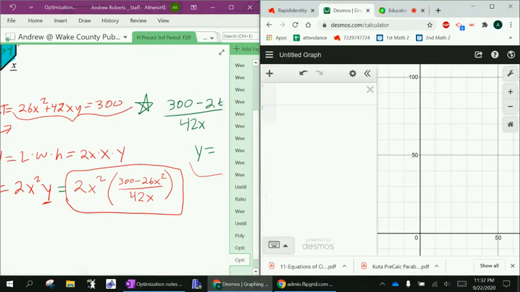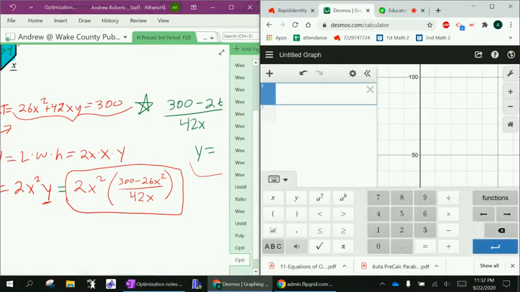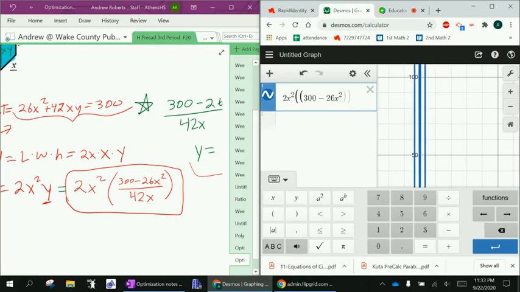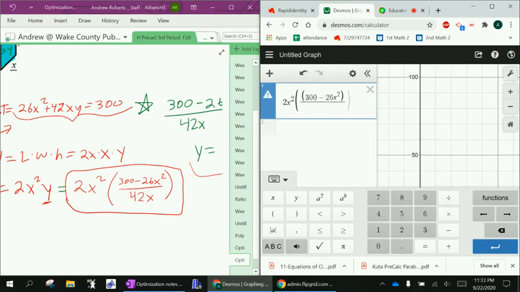I'm going to have 2x squared times 300 minus 26x squared divided by 42x.